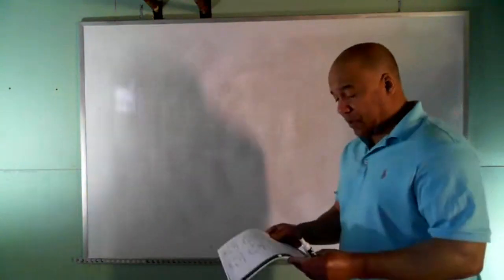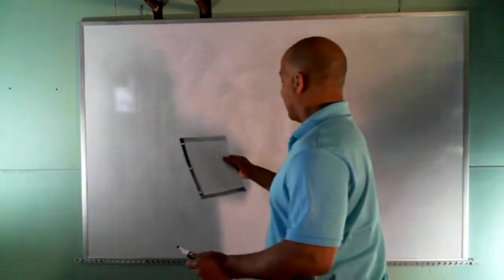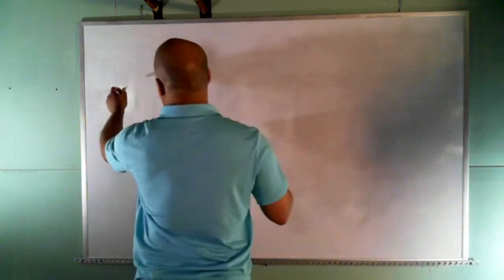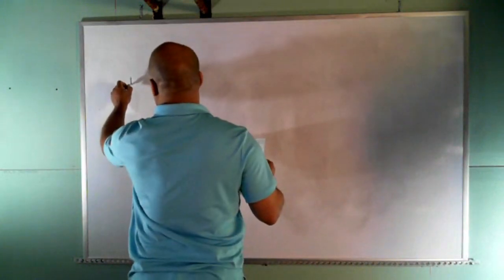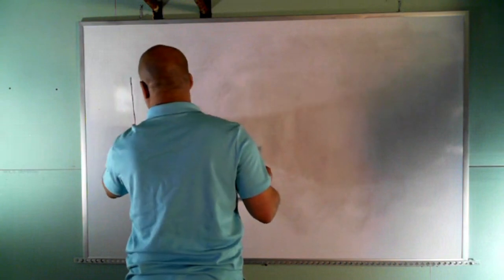So here is another problem from your sheet. I'm going down to like figure 518. And I might not get the numbers exactly right. I don't have my glasses on, but you'll get the point. So it looks like this.